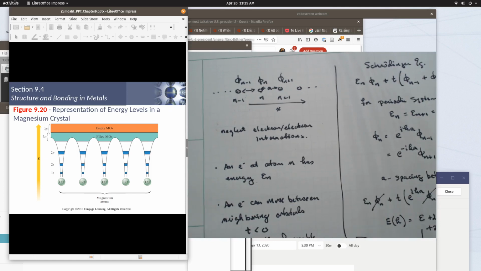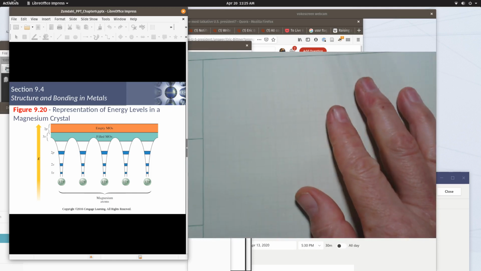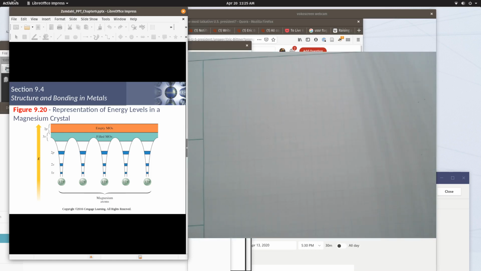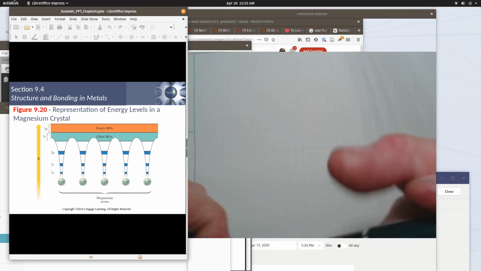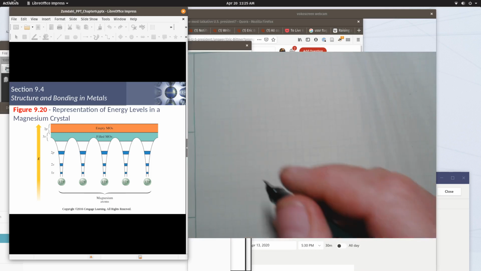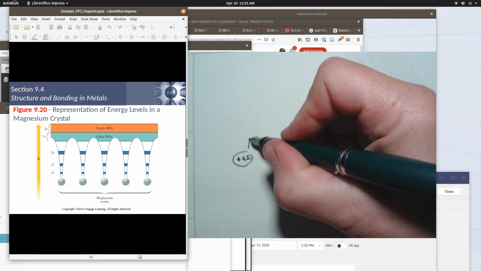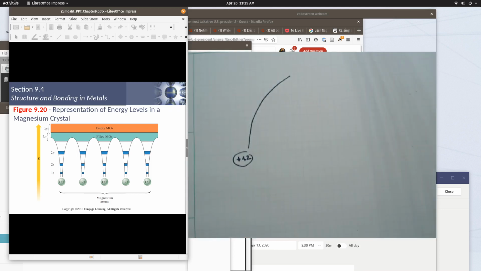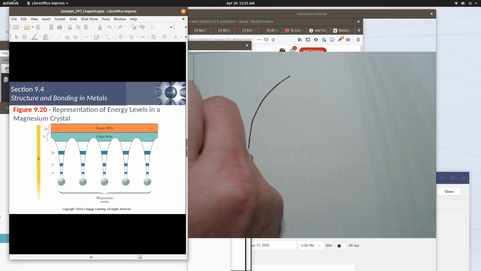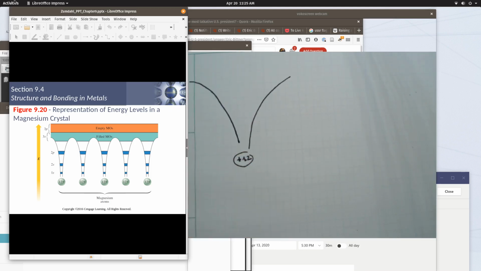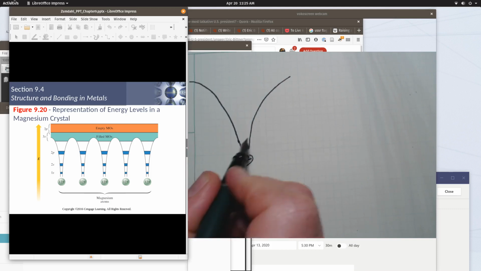Let me sketch this off to the side. On this picture here, I have a magnesium atom which has plus 12, and it has a very deep Coulomb well going down like that. And this is the Coulomb potential.